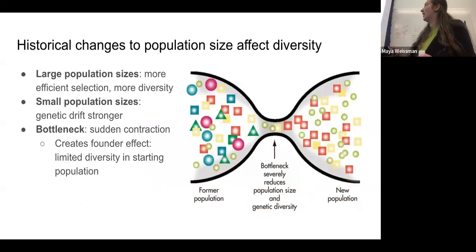And if you have a sudden contraction, it's often called a bottleneck. People also refer to these as founder effects. The idea is that if you started with a lot of diversity and then shrink to a really small founding population, and then you expand out, the genetic diversity of that founding population is going to be really important, and will lead to limited diversity or maybe even fixing of deleterious alleles.